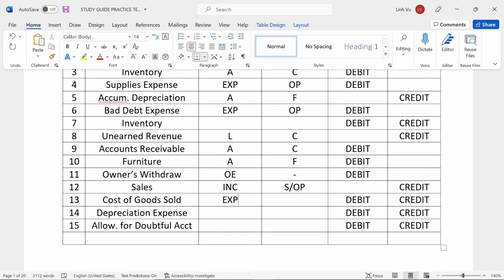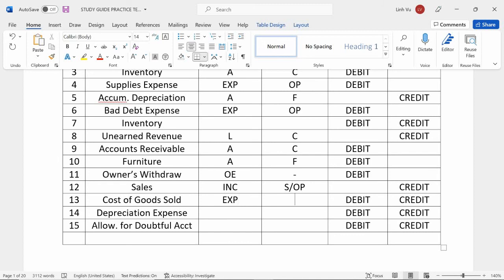What is the cost that it takes us to sell the product? When you think about expenses, it's anything that costs you money or anything that you get rid of or spend for the business. So in this case, it is 100% an expense.